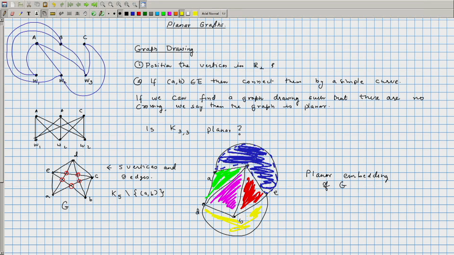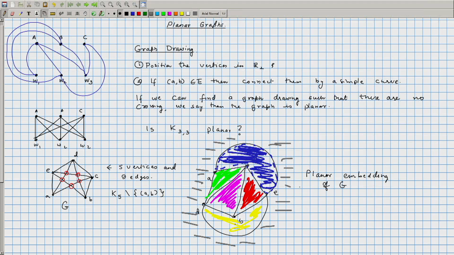In all you can see there are 1, 2, 3, 4, 5, 6 faces. The outside is also a face, the entire outer region, which is an infinite region, and that is the 6th face.